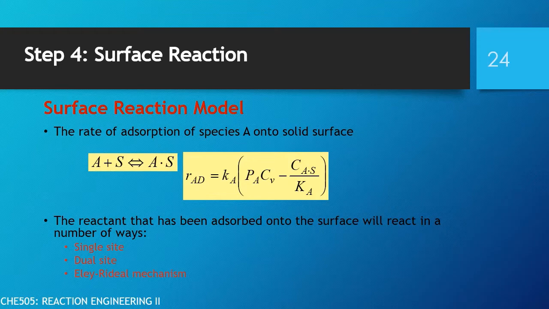The reactant that has been adsorbed onto the surface, A·S, will react in a number of ways: either single site, dual site, or Eley-Rideal mechanism to produce the product. First we look at the differences between single site, dual site, and Eley-Rideal mechanism.